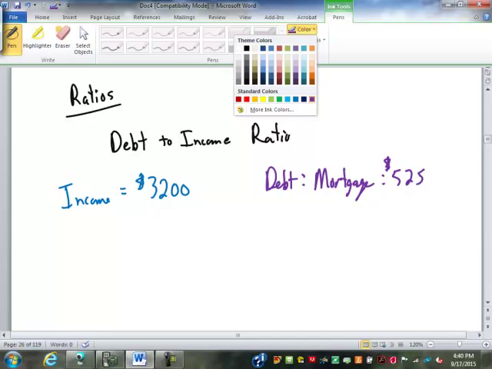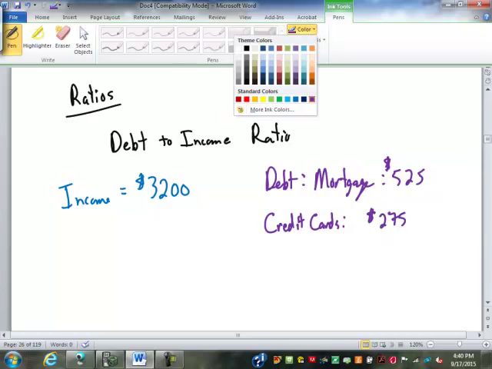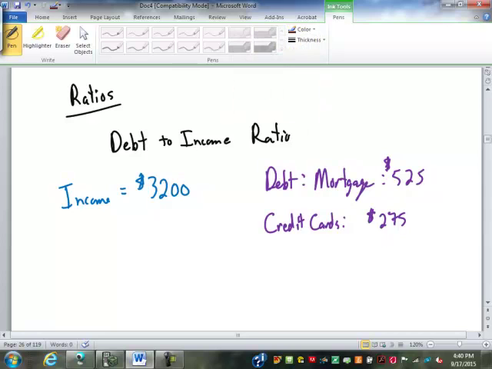You did something right. Let's say that you have monthly credit cards that average, let's say, $275. By the way, I tend to use my credit cards for everything. I don't pay cash.